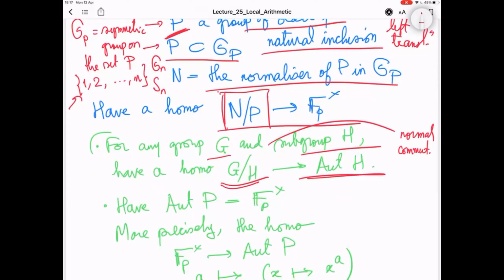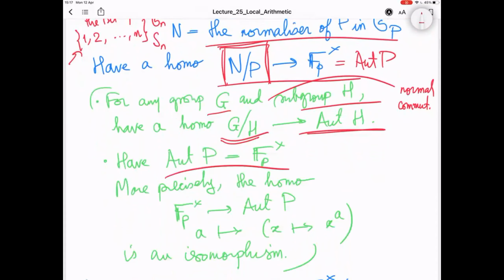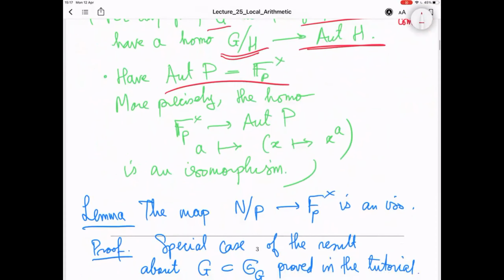So you get a map from N modulo P to FP star, which is to be thought of as the group of automorphisms of P. The group of automorphisms of P is FP star. Okay, so what does this equality actually mean?